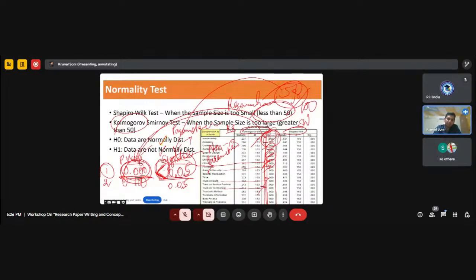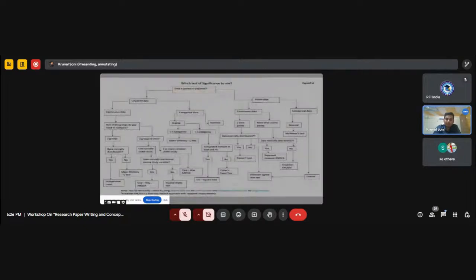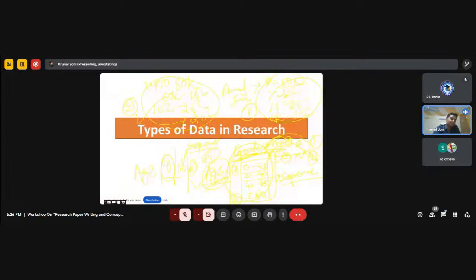There is a concept called acceptance and rejection of null hypothesis. If p-value is less than significance value, you have to reject null hypothesis and accept alternate hypothesis. And if p-value is greater than significance value, you have to reject alternate hypothesis and accept null hypothesis.